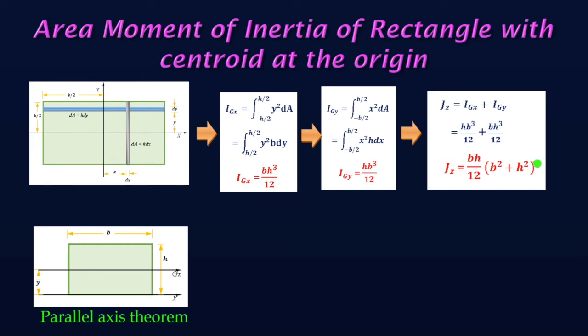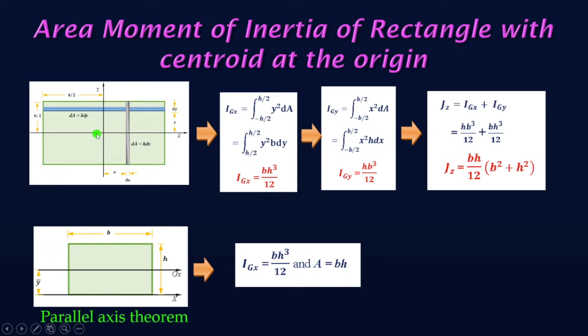Now, if the axis is not centroidal, rather the axis is along the base, then how can we get the area moment of inertia for this section? We already know the IGX value. So what is IGX? IGX equals bh cube by 12.